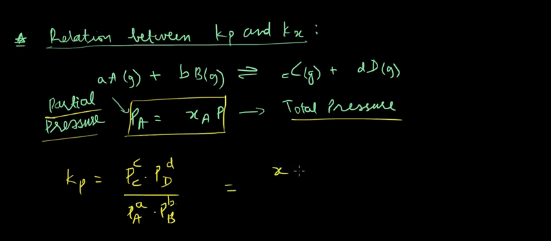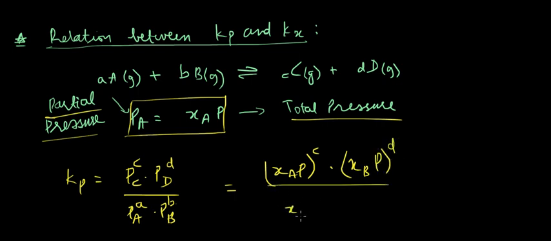This would be nothing but xC into total pressure to the power c, xD into total pressure to the power d, divided by xA to the power a multiplied by xB into P to the power b. This is xC and xD rather, not A and B.